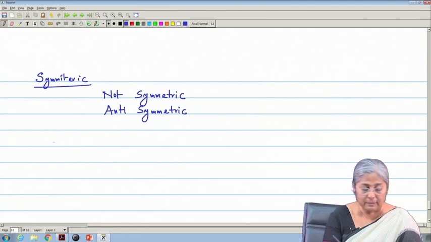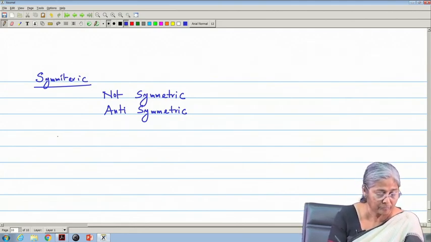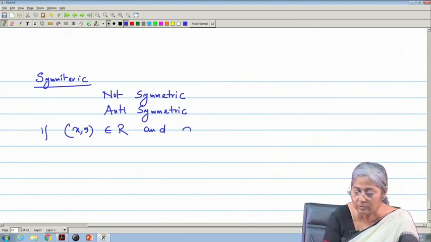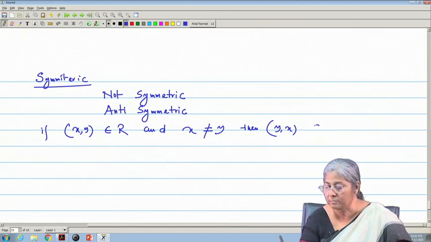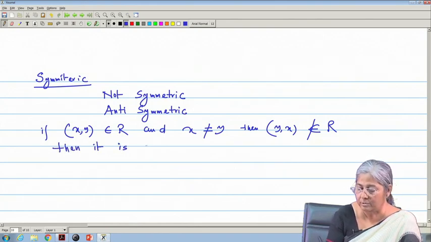We define that if (x, y) belongs to R and x not equal to y, then (y, x) does not belong to R, then it is called antisymmetric.